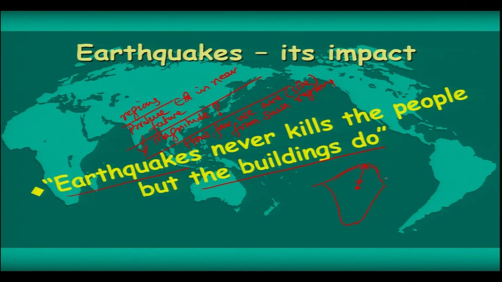If you are sitting here, then of course you have the subduction zone. So, depending on how far you are sitting, whether you are close to the deformational area or the deformational zone, that is also going to bother you. But even if you are sitting away from such regions, one should definitely take into consideration what will be the magnitude of the earthquake. So, earthquakes never kill people, but buildings do.